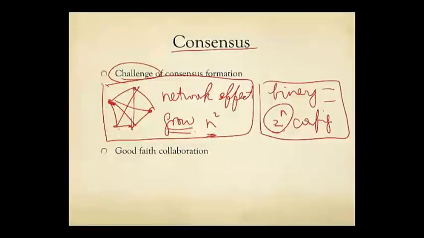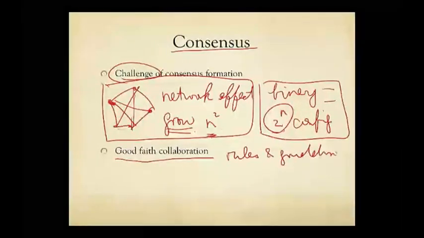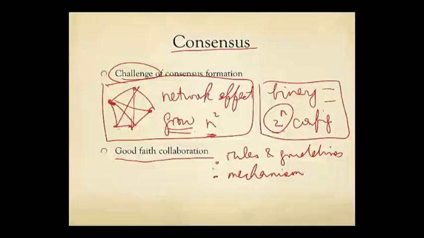This exponential growth, 2 to the n, in the number of people in the crowd or network, highlights the difficulty of reaching consensus. There are just too many possibilities. And yet consensus we must reach, and what Wikipedia practices is what they call good faith collaboration. There are rules and guidelines, there are mechanisms for encouraging collaboration.